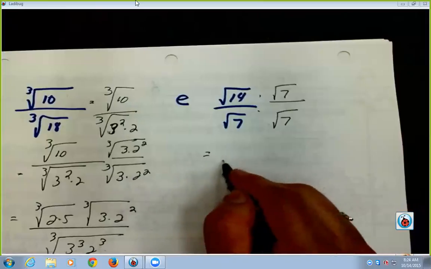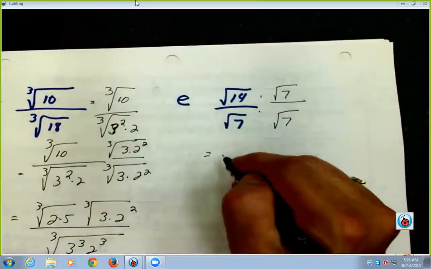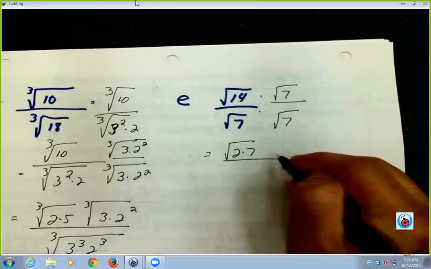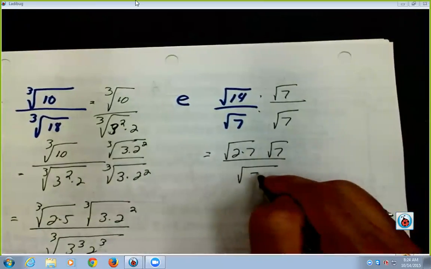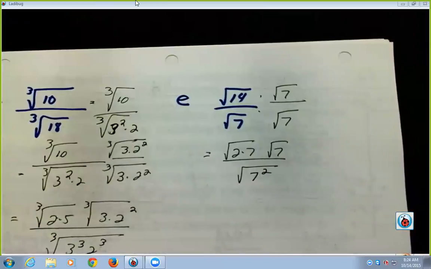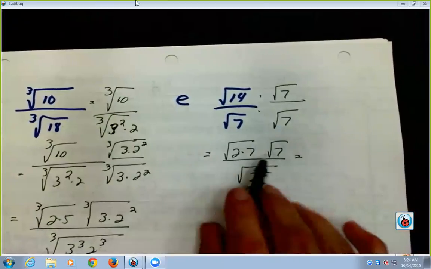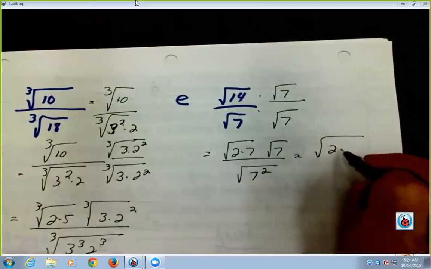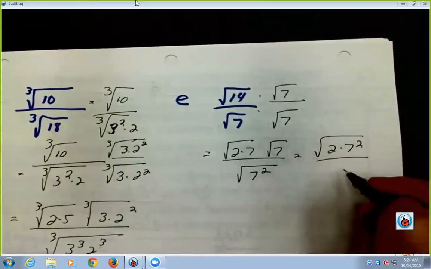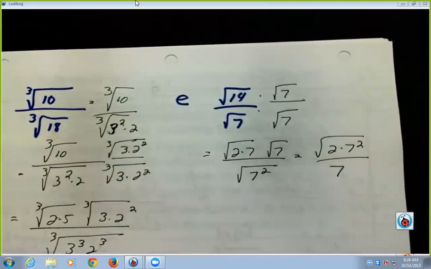So what does that leave me with? In the top, 14 is 2 times 7 and the square root of 7. And in the bottom, I have 7 squared. I can put my 7's together in the top and have 2 times 7 squared over 7 in the bottom, because that's going to end up reducing there.